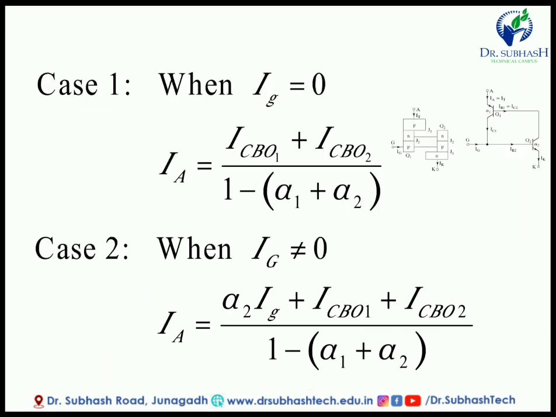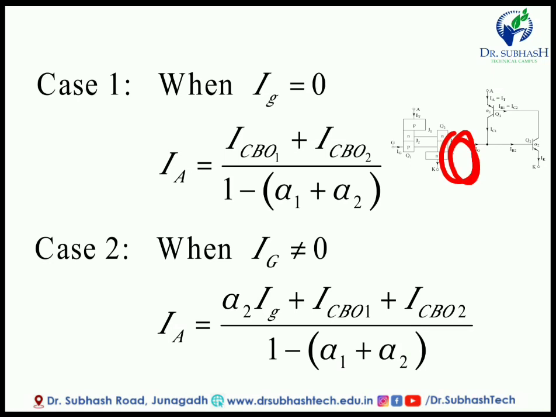Now let's take case 1 and case 2. Case 1 is whenever the gate terminal is open. If the gate terminal is open, there is no gate current. Whenever we have not given any triggering to the SCR, case 1 is achieved: IG is equal to 0. At that time only reverse current or minority charge carrier current flows, so it is related to ICBO.